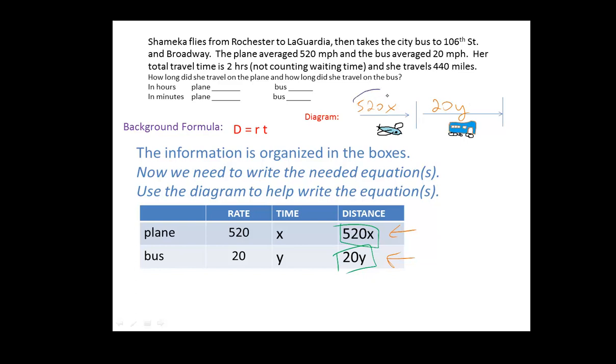What do we know about the total distance? Well, it tells you right here, the total distance is 440 miles. And that gives us an equation. Our 520x, that's the distance of the plane, plus 20y, that's the distance of the bus, altogether is 440 miles. So we have a nice equation right there.